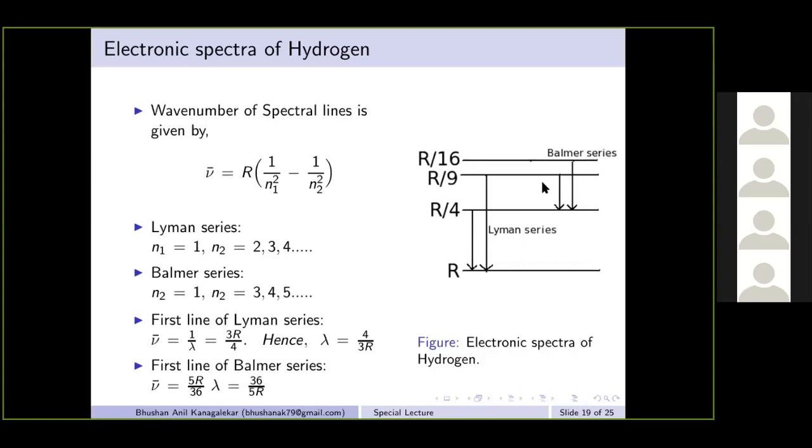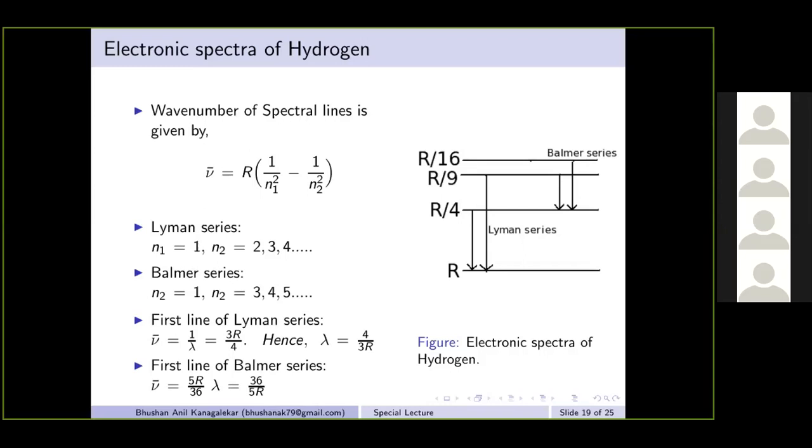And the Balmer series is generated by the transitions to n equal to 2. Sorry, there is a mistake in the slide. That should be n1 equal to 2 and n2 equal to 3, 4, 5.